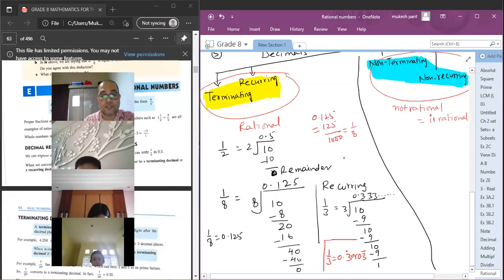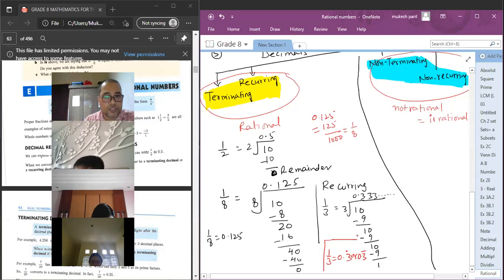Similarly, we will learn the method for a recurring decimal like 0.3, which repeats itself, and how to convert it into a rational number. We will discuss that in the exercise. But in the beginning, we must know that terminating and recurring decimals are rational, but if a decimal is non-terminating and non-recurring, it is irrational.